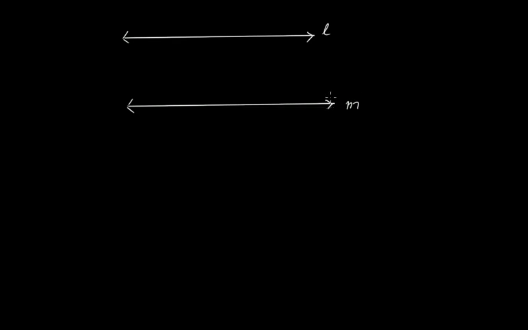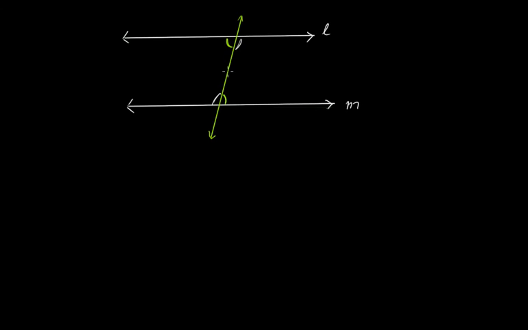Instead, it has been told that the transversal of these two lines is making alternate interior angles in a way that both alternate interior angles are equal. That is, this one and this one, and this one and this one.